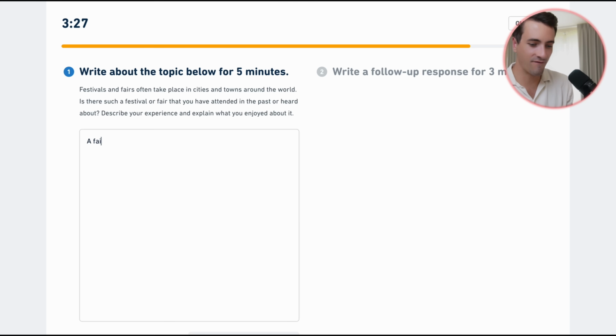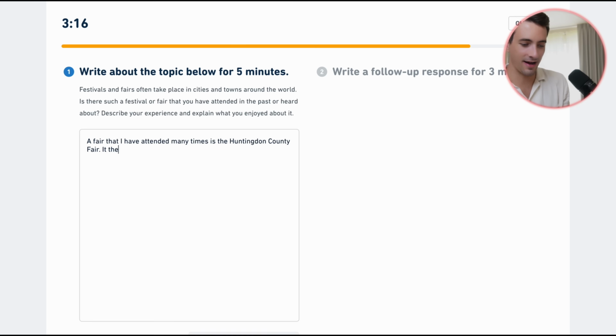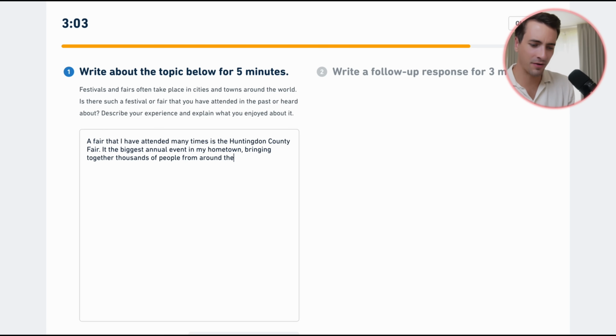A fair that I have attended many times is the Huntington County Fair. It is the biggest annual event in my hometown, bringing together thousands of people from around the county.